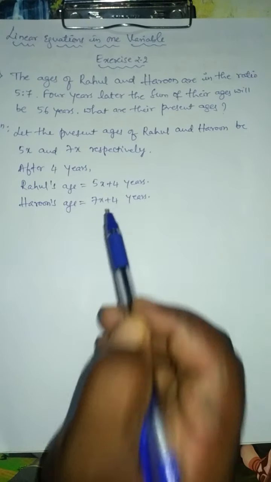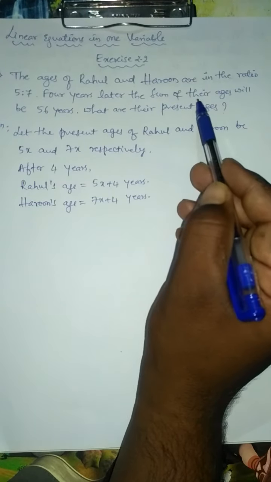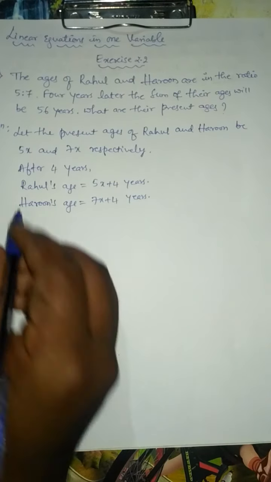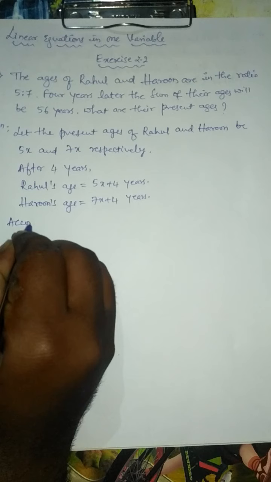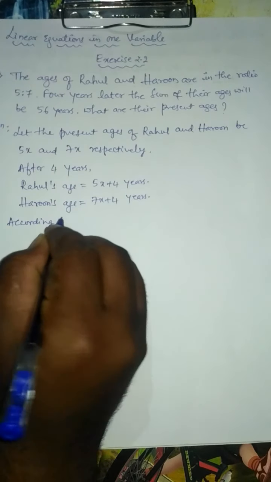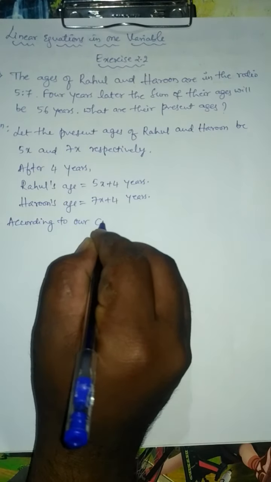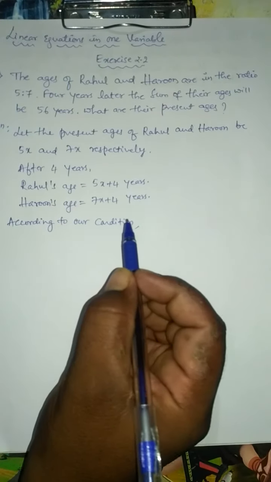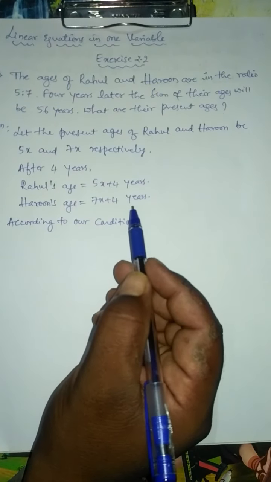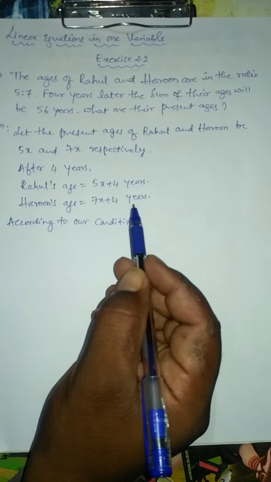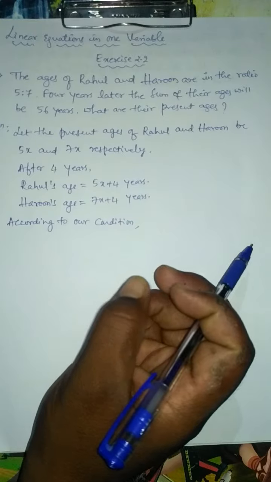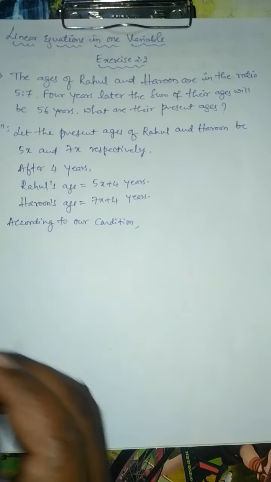So 4 years later we got their ages. The sum of their ages will be 56 years. According to our condition, after 4 years, if we add both the ages of Rahul and Harun, we are going to get 56 years.